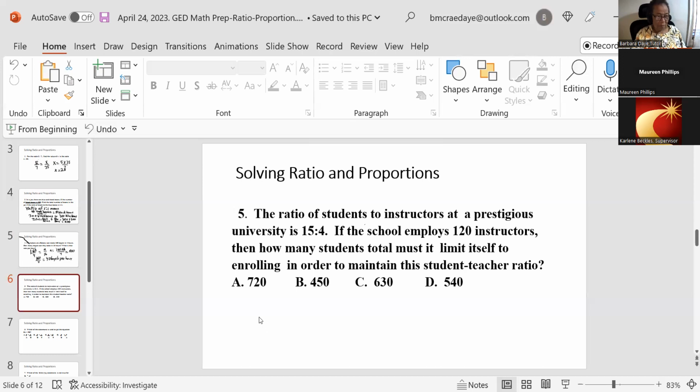That means the students, right? Yeah, the students is 15, the instructors is 4. That's the ratio. Okay, what answer did you get? A, B, C, or D?